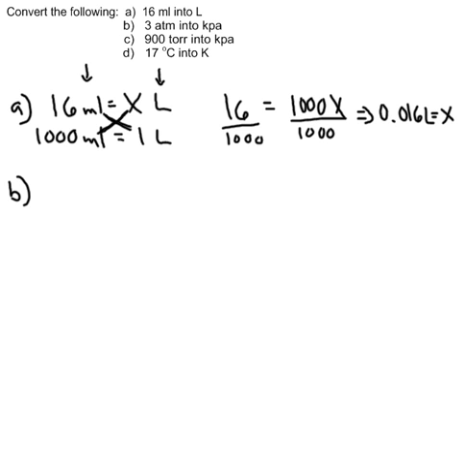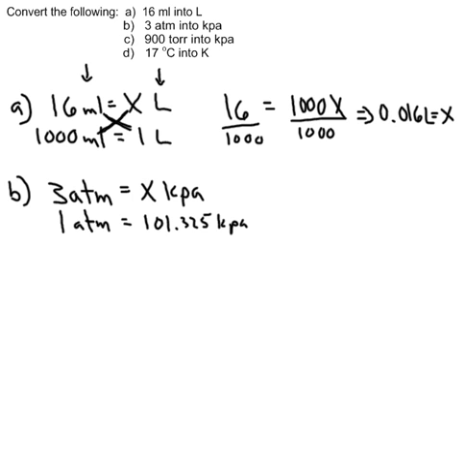B, similar idea. 3 atmospheres equals X kilopascals when we're talking about pressure. Kilopascals is the metric unit, so you'll often be converting to kilopascals. So what you need to know then is how many atmospheres equals how many kilopascals. Well, you'll look up in your book or your notes that 1 atmosphere equals 101.325 kilopascals.